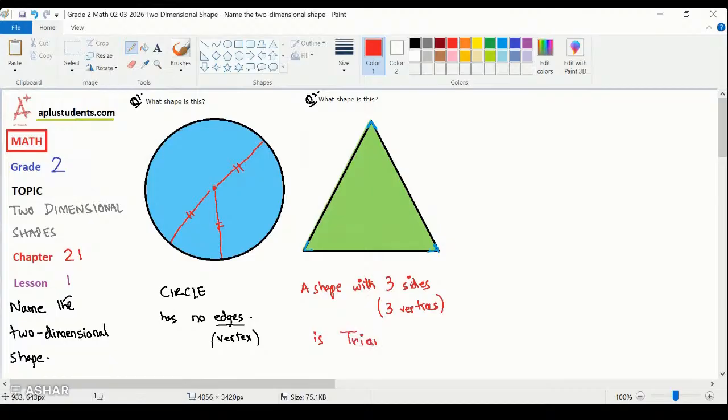Triangle. The shape which will have three sides, a first side, second side, and the third side, will always be known as a triangle.